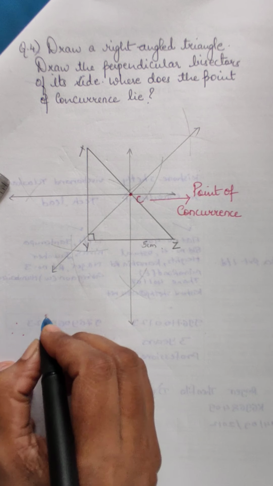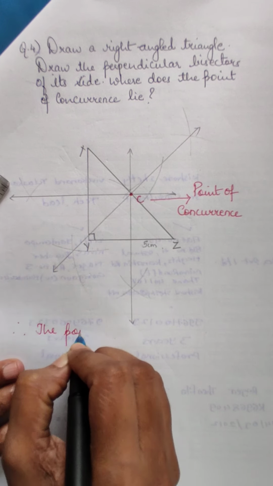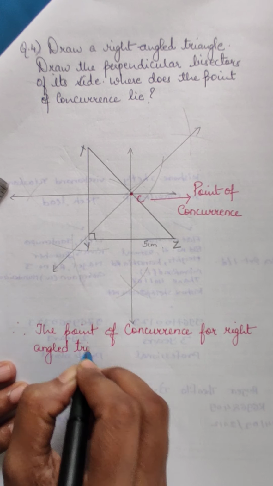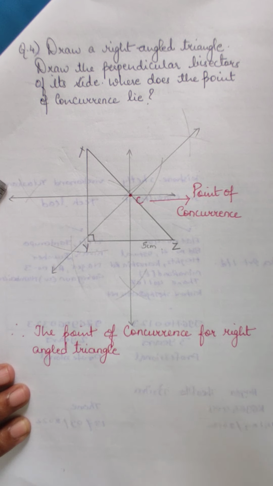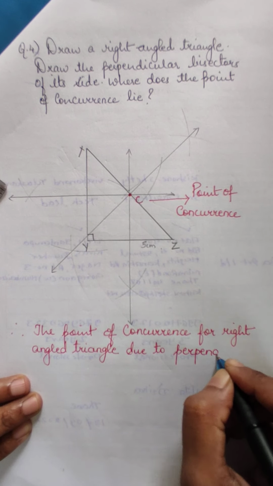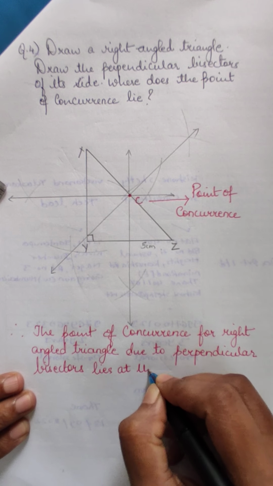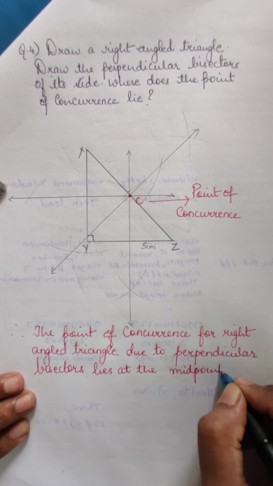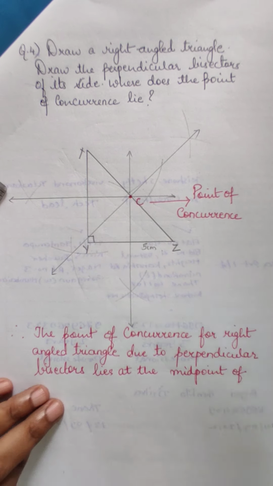So therefore, the point of concurrence for a right angled triangle due to perpendicular bisectors lies at the midpoint of the hypotenuse.